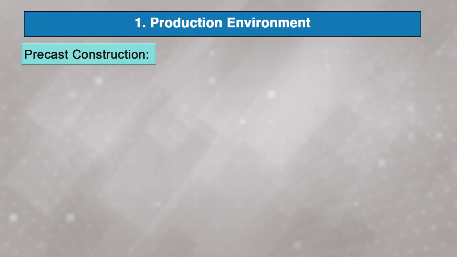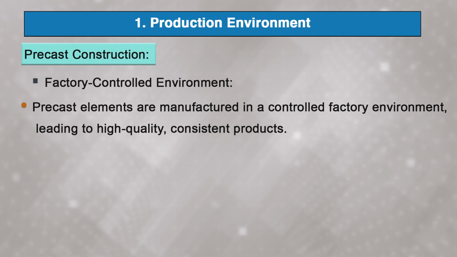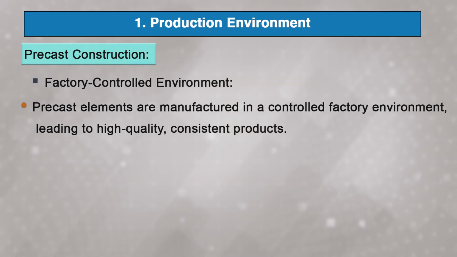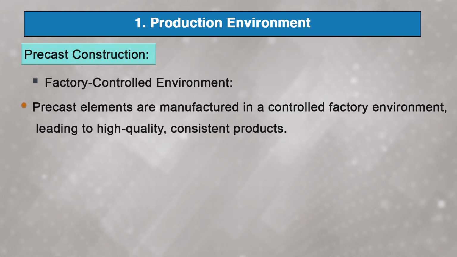First is the production environment. In precast construction, there is a factory controlled environment. The advantage is that a controlled factory environment leads to high quality, consistent products. The factory setting allows for precise control over temperature, humidity and other conditions, ensuring optimal curing and strength.